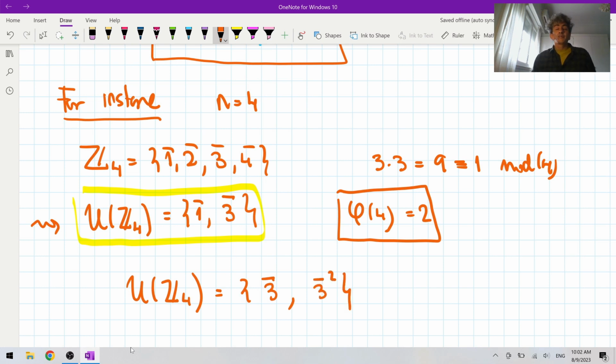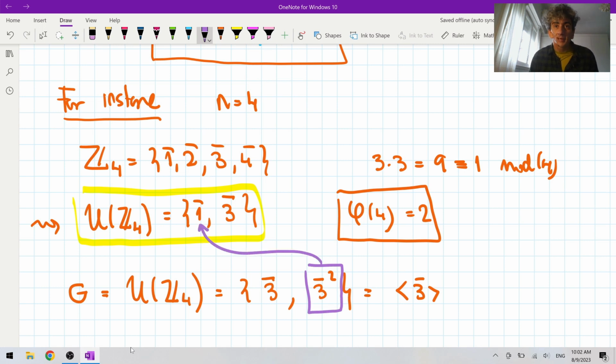We say that this group G is cyclic and is generated by 3, because all the elements of G are actually powers of the class of 3. This guy being exactly this guy.